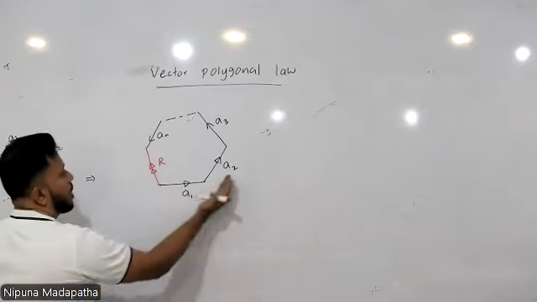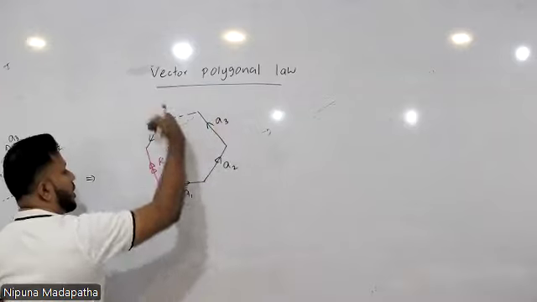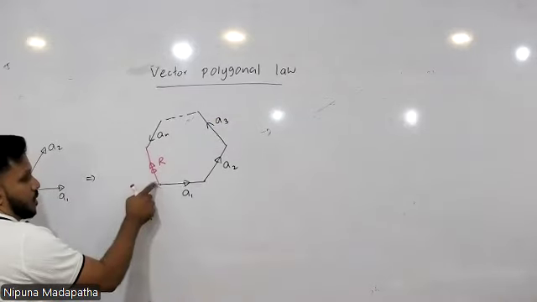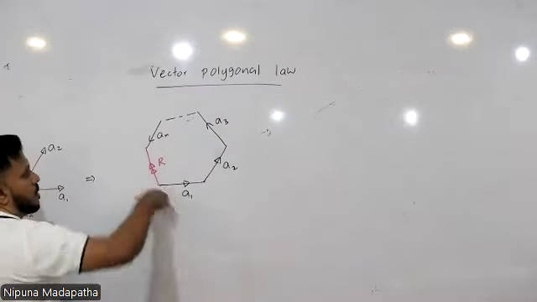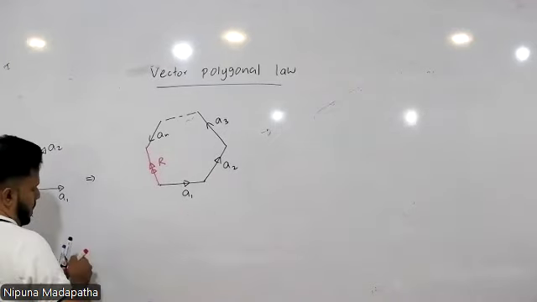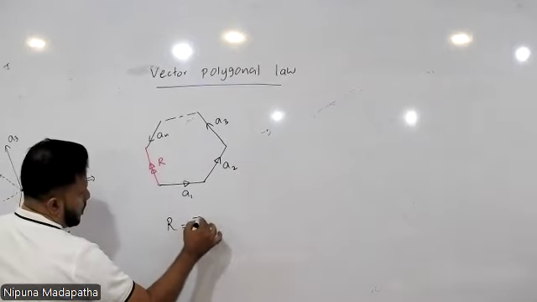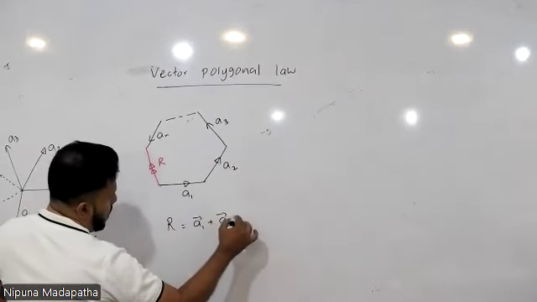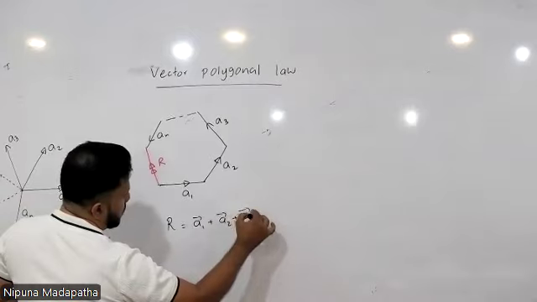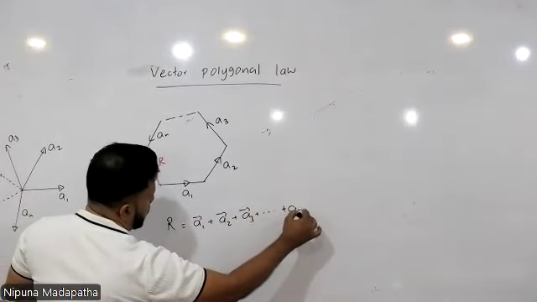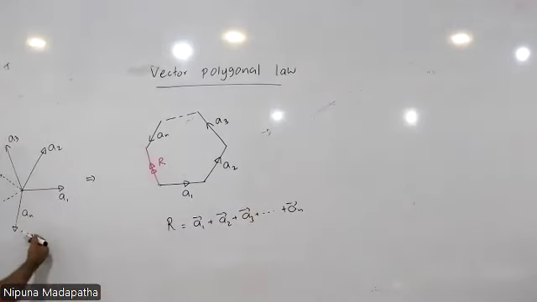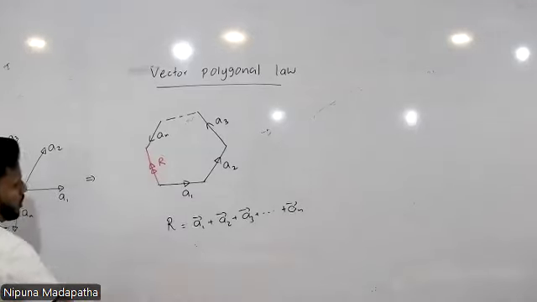All the arrows follow the order, so the arrow direction of the resultant is opposite in order. So R is equal to the sum of all these vectors. Draw this figure and write the expression.